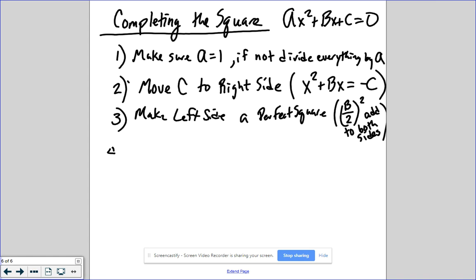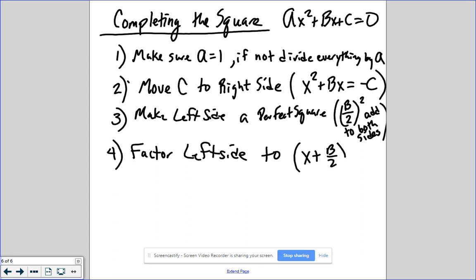Step 4. Factor the left side to x plus b over 2 squared equals c form. So we have to factor the left side to a perfect square, which it should be now. 5.